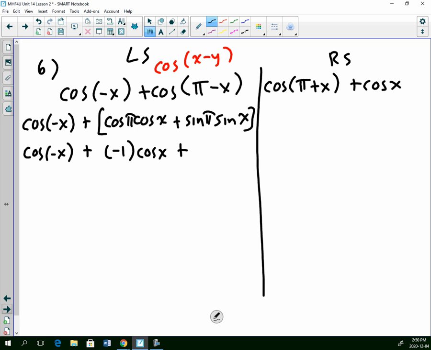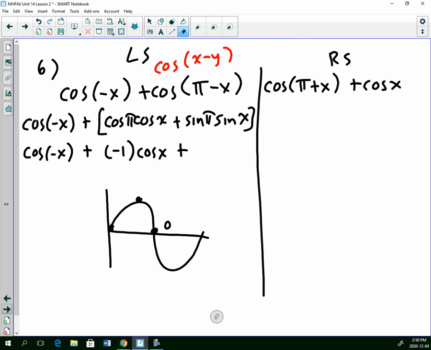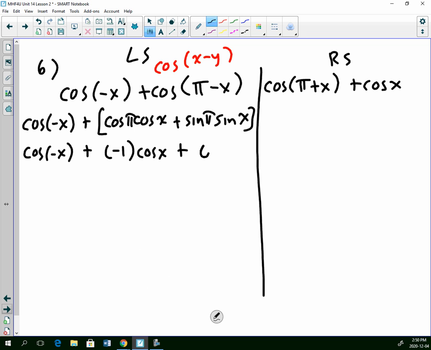And then sine of pi, well, let's look at the sine curve. What does sine equal at pi? It equals 0. So I can replace sine of pi with 0. So that eliminates this term because 0 times sine x is 0.